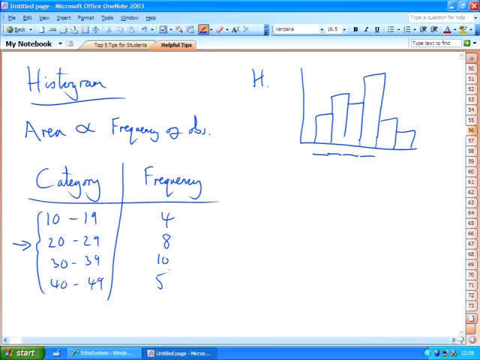Again, similar to the stem and leaf diagram, the whole point of producing a histogram is to be able to look at the underlying shape of the distribution. So just as with the stem and leaf diagrams, we needed to make sure we didn't have too many or too few stems. In the histogram world, we also don't want too many or too few categories. Okay, because by having too many or too few, then you lose the shape of the underlying distribution.